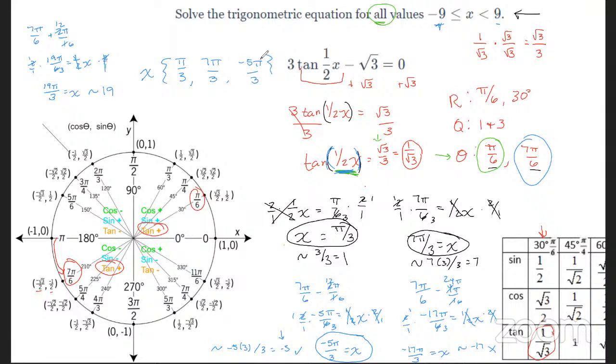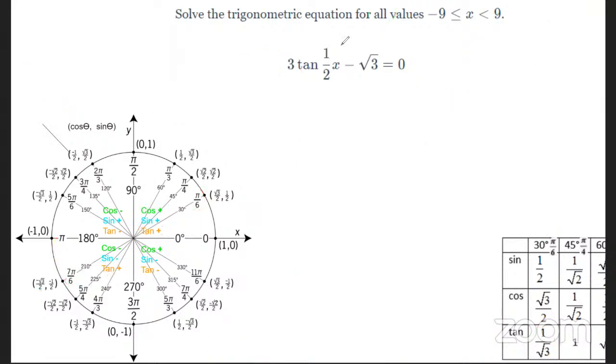But if you're doing your math on a computer program or having to input answers into the computer, they generally won't consider order important. But it's good for you to know that it should be ordered as x equals negative 5 pi over 3, pi over 3, and 7 pi over 3. So that's what it should be ordered as.